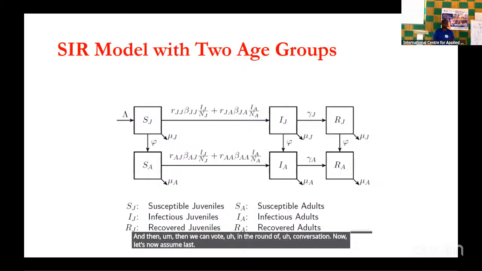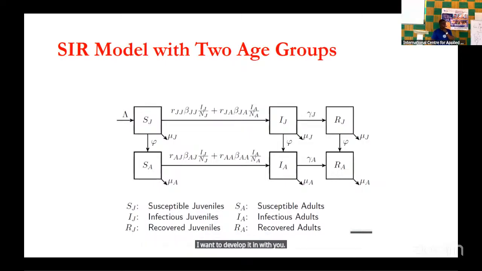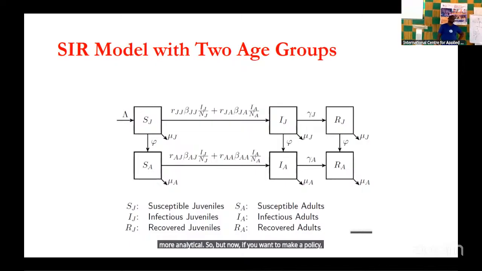Now let's assume that we want to develop a model for policy making, and there are times that we have to put in some assumptions so that we'll be able to go analytical. But if you want to make a policy, and we use assumptions to raise some parameters, can we neglect the analytical part and then do computation?